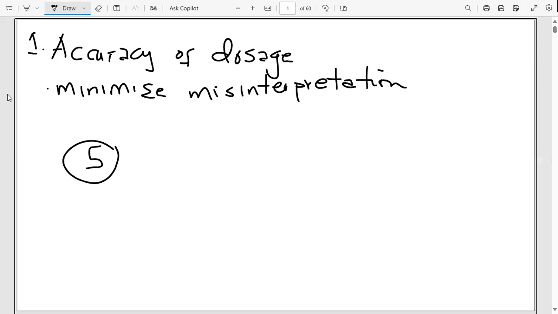The patient or the person that you prescribe that drug to might not know if this 5 means 5 grams or 5 milligrams. And most drugs are meant to heal. They're meant to be therapy of certain conditions.